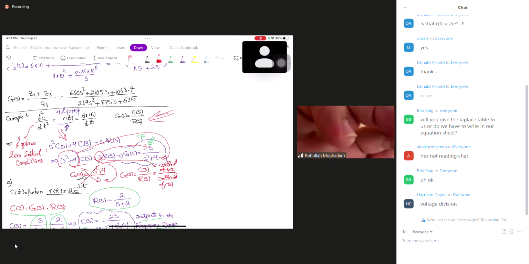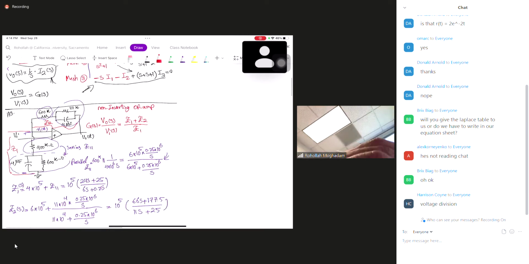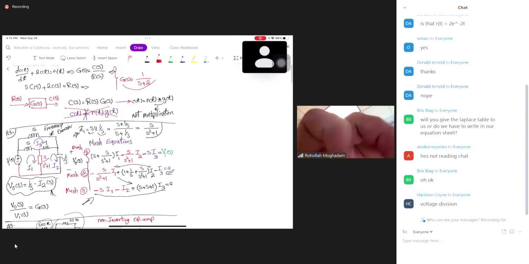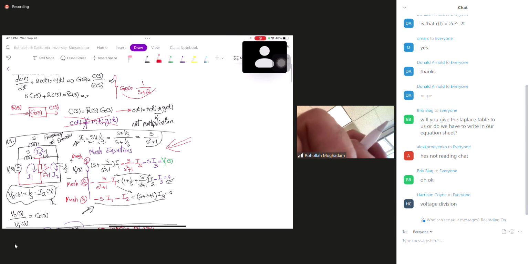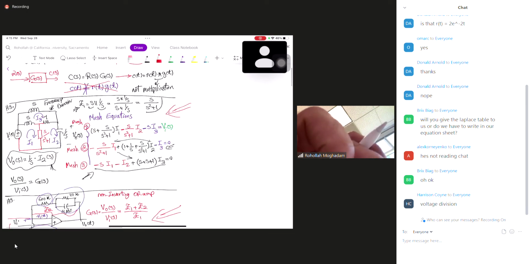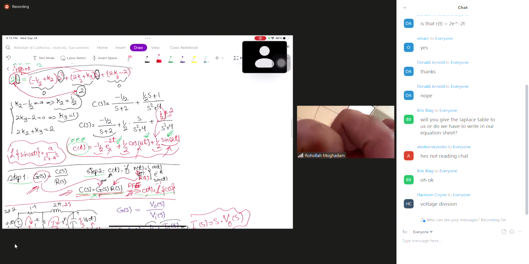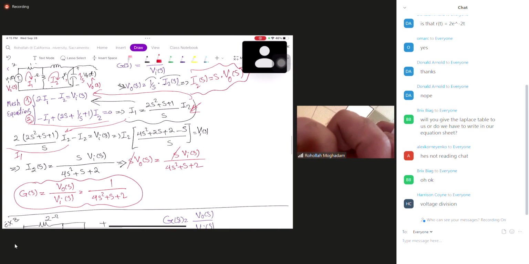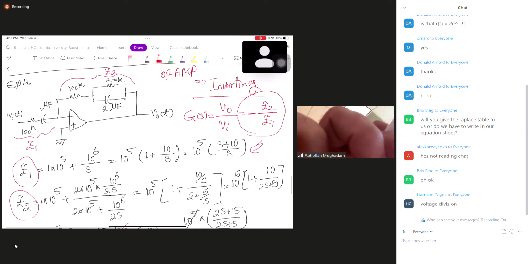So as long as you know how these problems work, how you can solve some problems like this in operational amplifier, and when you have the circuit, you should be good for the exam. So these are three main parts of the exam that we covered in the class.